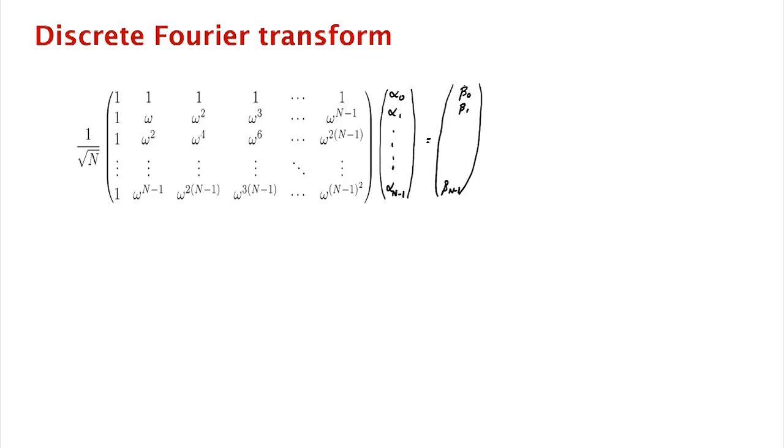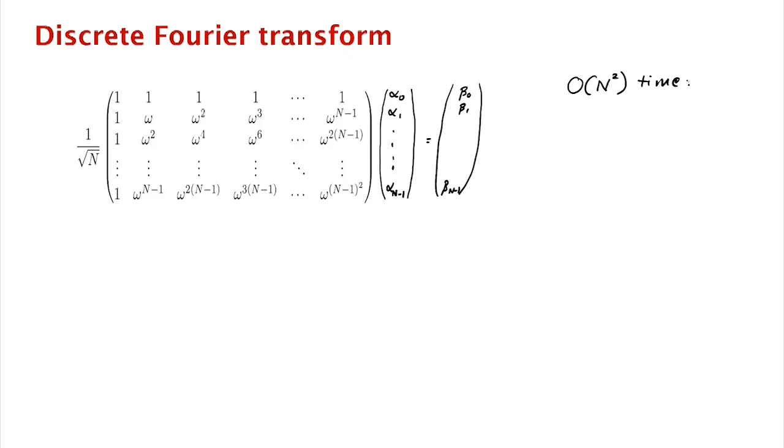Well, for each entry beta j, you would take this column and multiply it by the jth row, which requires you to do capital N multiplications and additions. So it takes roughly N time, but there are N such entries that you must compute. So you imagine that this should take you order N squared time.